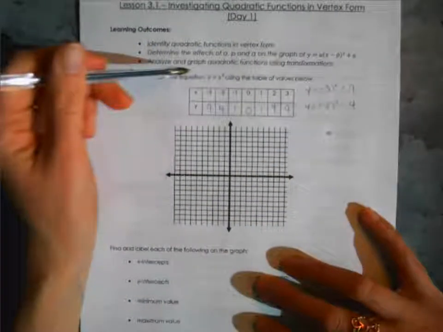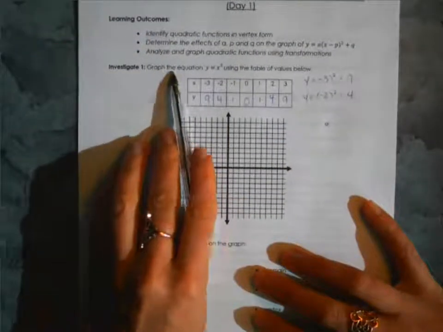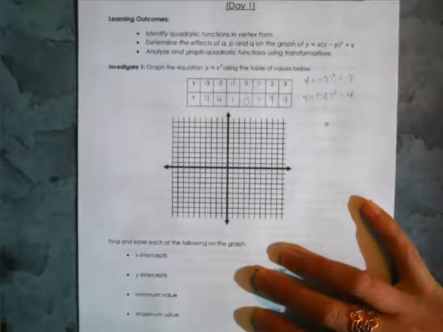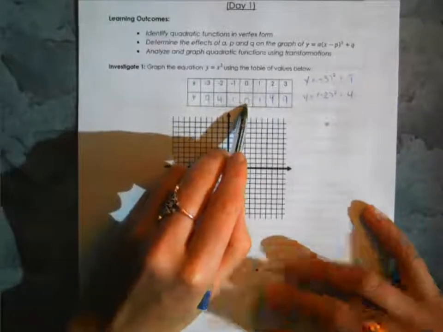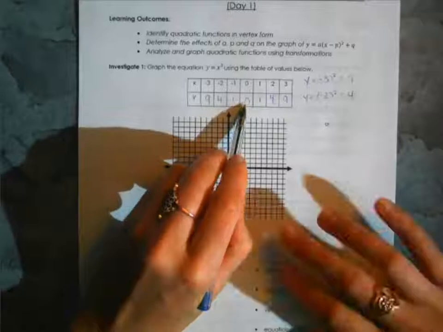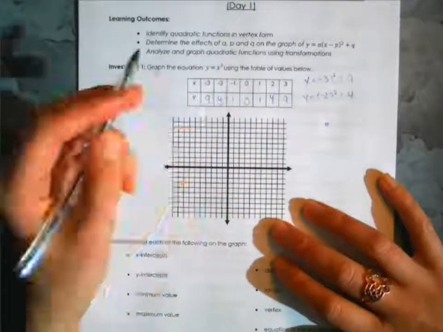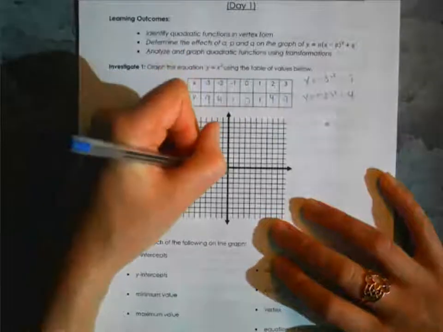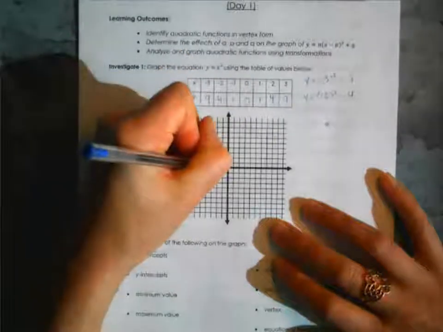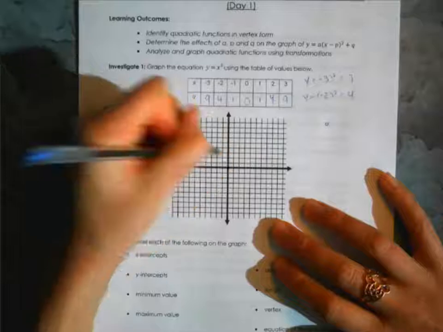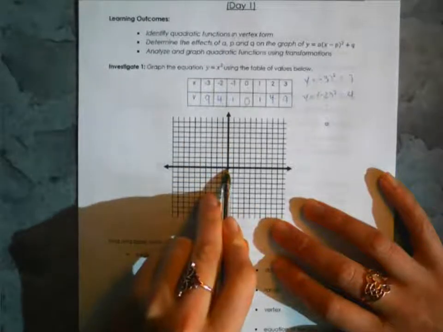So now that we have that, we want to graph this equation. Usually with a parabola, I find it's easier to start in the middle. So where the two values are the same, we have 0, 0. So that's going to be right at the origin. That's a good word to keep in mind as well.